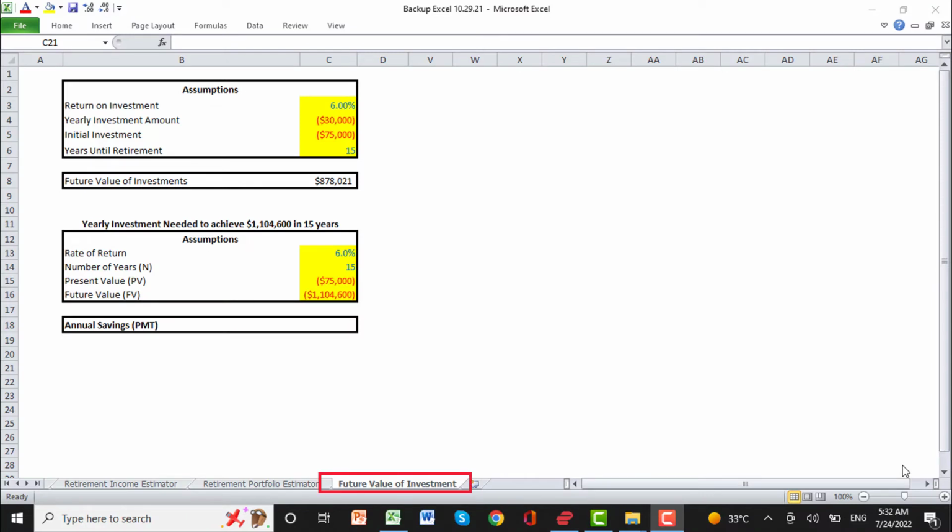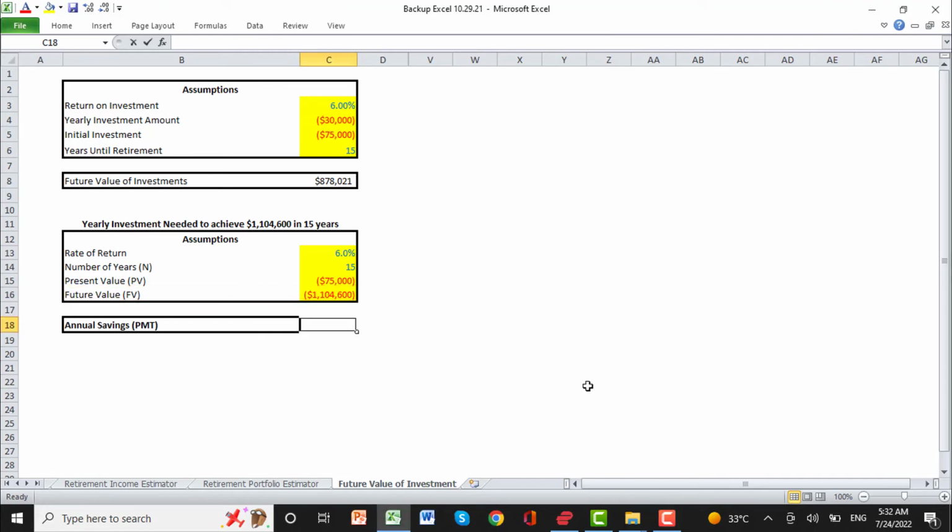And you can see again we're on the Future Value of Investment tab, and starting with the assumptions, we have a rate of return of 6%. The years into retirement are 15. The present value of their investment is $75,000, and again, that's because that's how much cash they have on hand today to invest. And the future value of their investment, and this is their portfolio goal, is going to be $1,104,600.